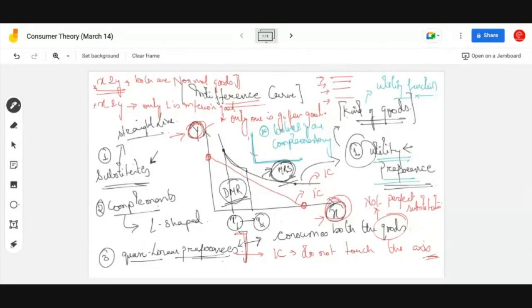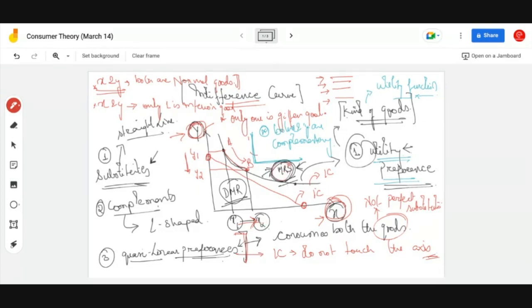Now again, in the previous lecture, we discussed the marginal rate of substitution. Let's say this is point A, this is point B. We are moving from point A to point B, right? So here this was Y1 and this is Y2. So there is a fall from Y1 to Y2 and an increase from X1 to X2, right?